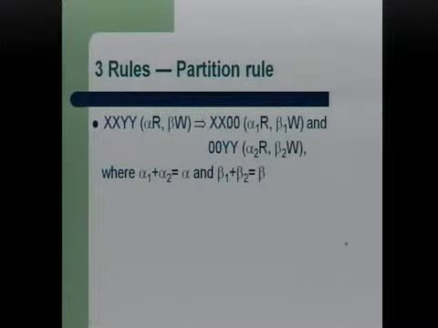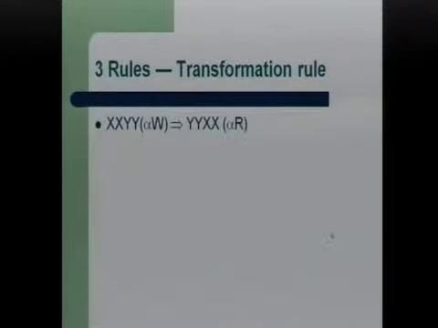It states that if our trial is in the form XXYY, then we can interpret it as a combination of these 2 results, where the total number of red indicator and white indicators remains unchanged. The last one is transformation rule. It states that if the given hints are all white indicators, we can regard it as all red indicators after this transformation.